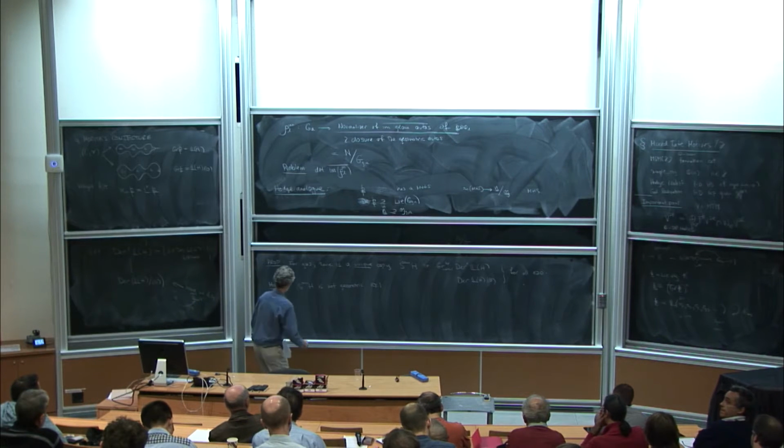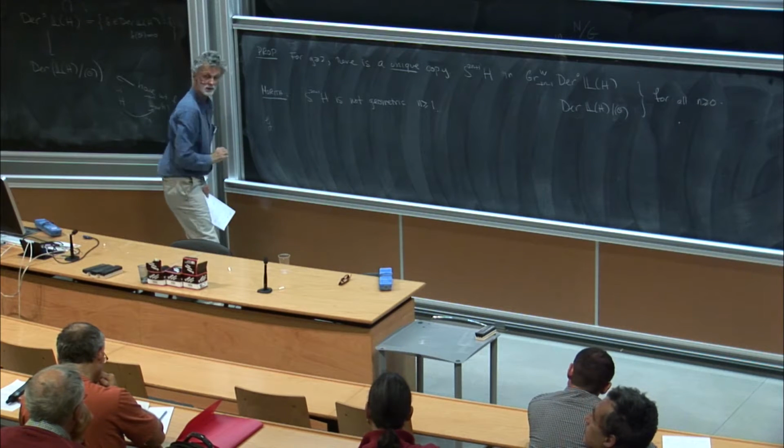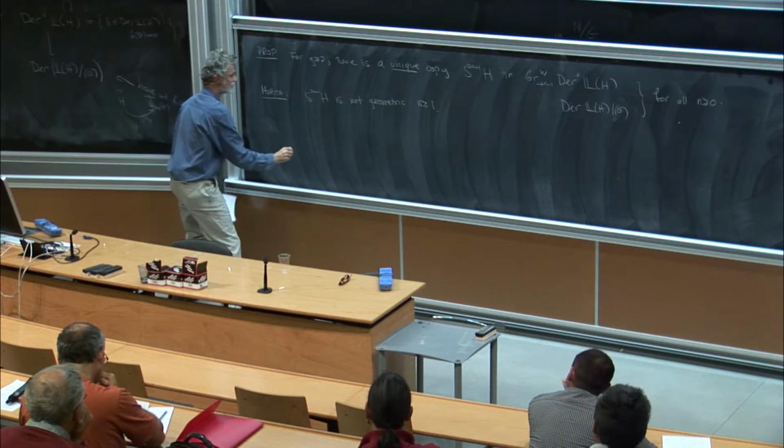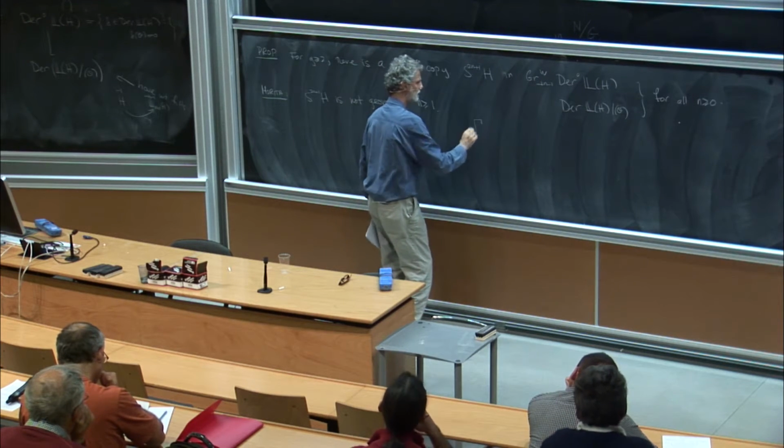So the answer for you is I have the relative completion. Well, let's just do it this way. What does it mean to not be geometric? I have the mapping class group.